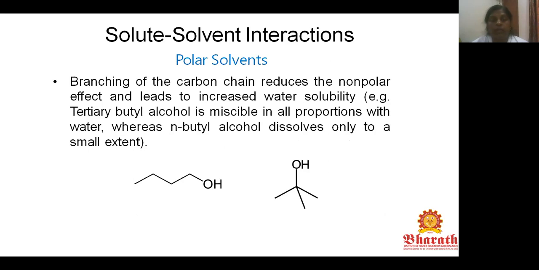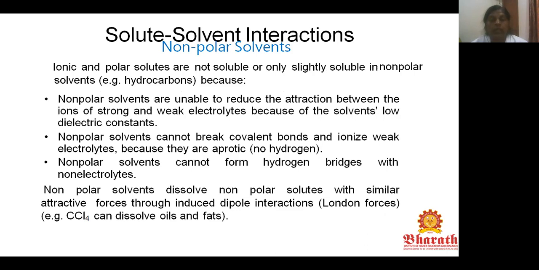Then, the branching of the carbon chain reduces the non-polar effect and leads to increased water solubility. For example, tertiary butyl alcohol is miscible in all proportions with water, whereas n-butyl alcohol dissolves only to a small extent.